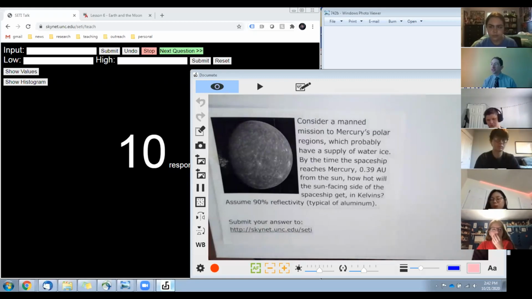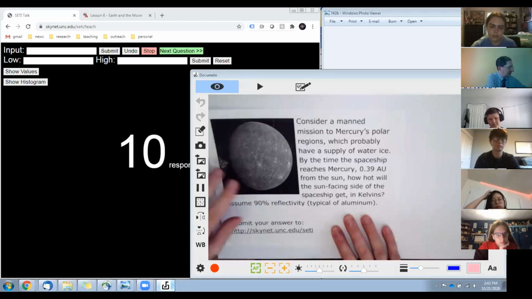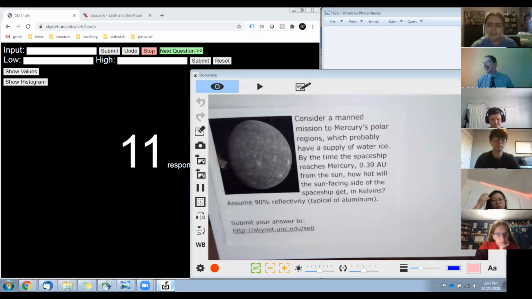There are two versions of the equation, one for worlds or objects that distribute their temperature pretty uniformly across the surface, and ones that don't, ones that develop a hot spot facing on the sun-facing side. So here, that's a picture of Mercury, and that's some of my lunch that somehow got on there.